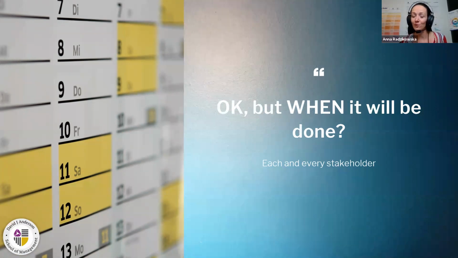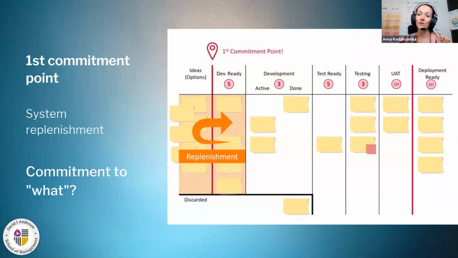When we talk about the commitment points, when we talk about replenishment, people come and say, okay, but I cannot just go to my stakeholders and say, now we are starting work on it, and it will come when it's done. Okay, don't worry about it. No, your stakeholders, your customers, they want to know when it will be done. And for that, we use information about our lead time.